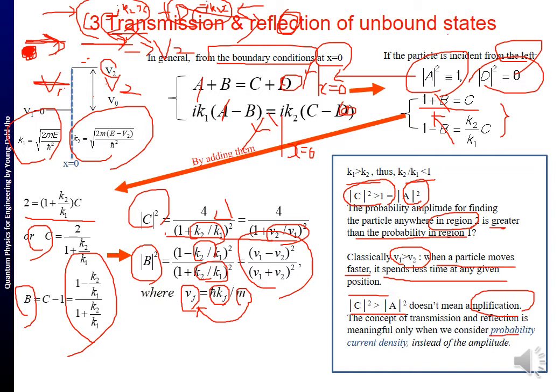So we found out that the probability concept might mislead us in understanding the picture. That's why we now consider probability current density, which should include the velocity concept.